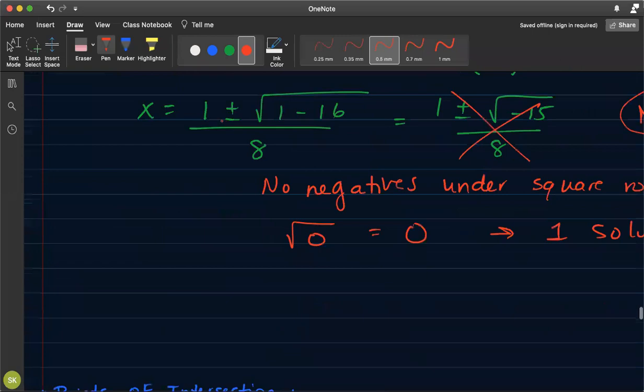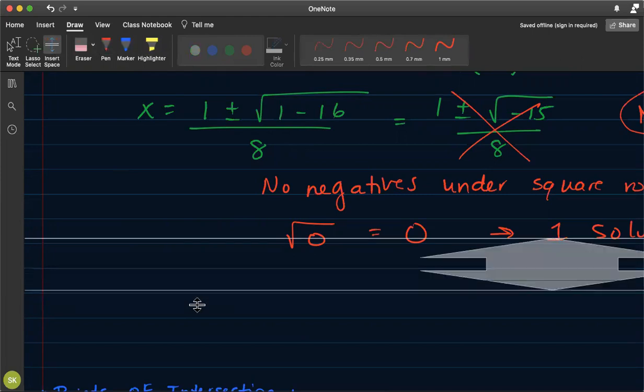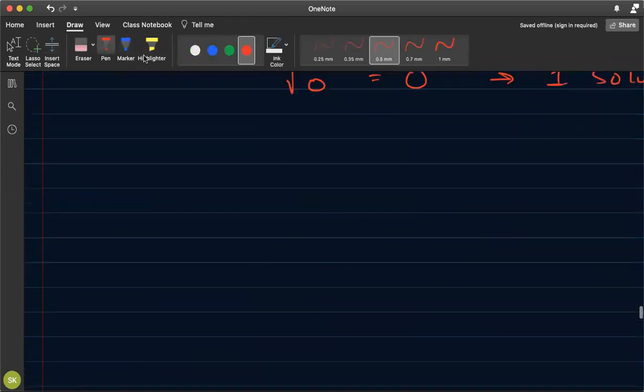So the next question, before we move on to points of intersection, something you might want to know is what process or what method should I use to solve for zeros for my quadratic function? And the answer is it depends. So let me write that here.